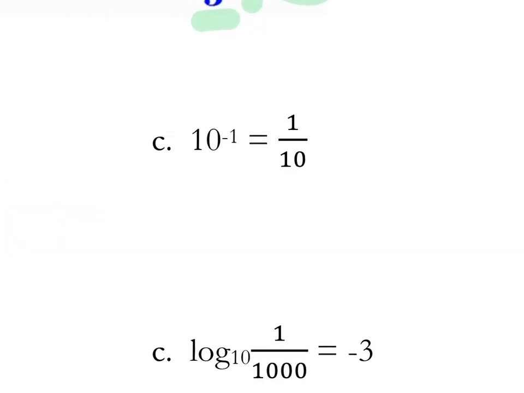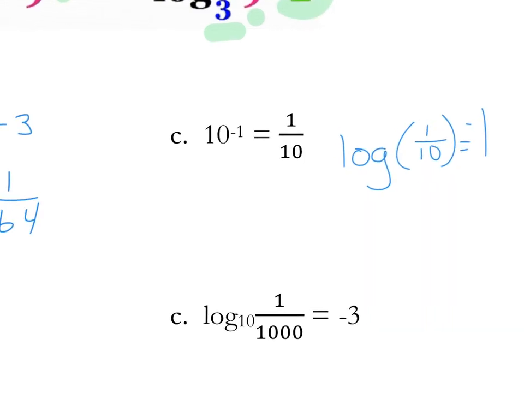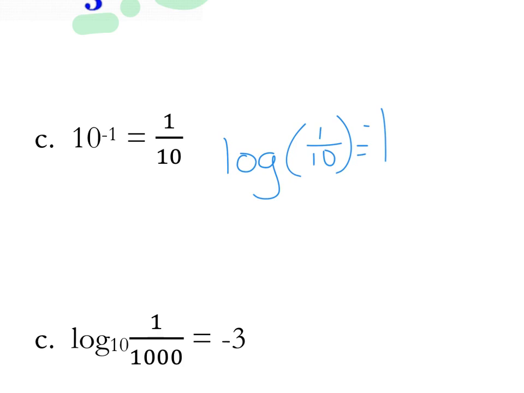Last one here, we're going to rewrite this as the log base 10 of 1/10 equals negative 1. Now you may have noticed, let me clear that up a little bit. Let's make this negative 1.